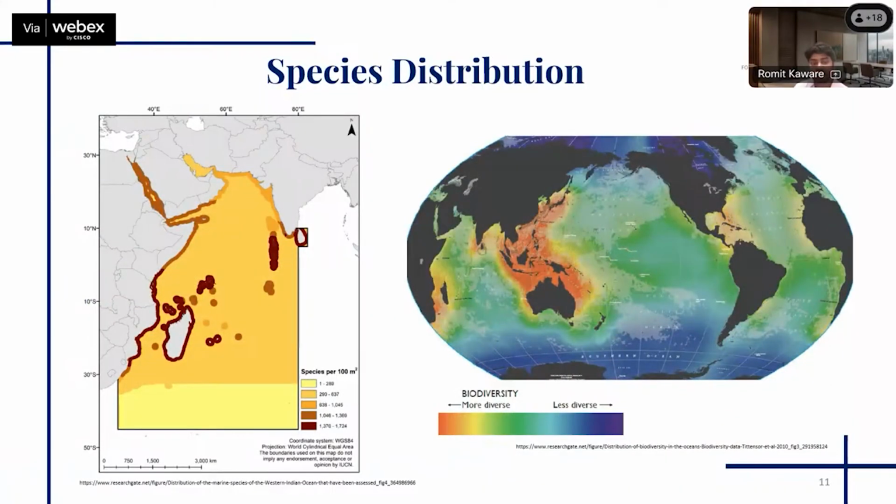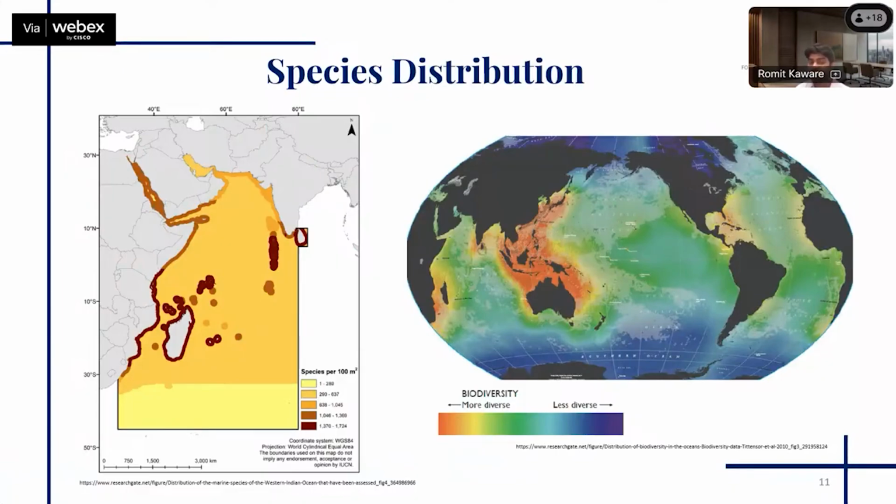Another major factor is species distribution. As I mentioned, we have a lot of coral reefs and marine protected areas within the Indian Ocean region. How does the sediment flow or the sediment type affect the benthic ecosystem overall? If there is any vessel movement, how does that affect the sediment flow, and that might lead to redistribution of some pollutants or marine debris that might affect the benthic ecosystem.